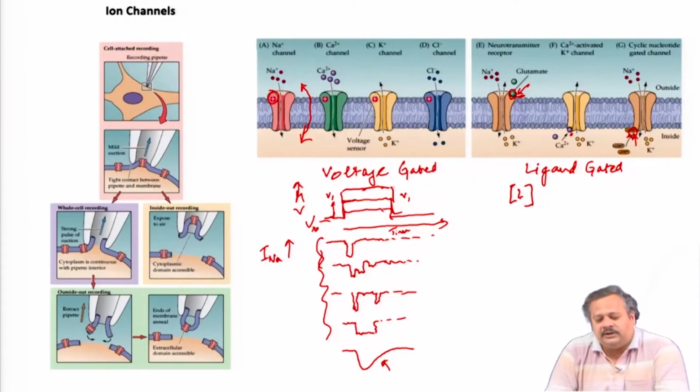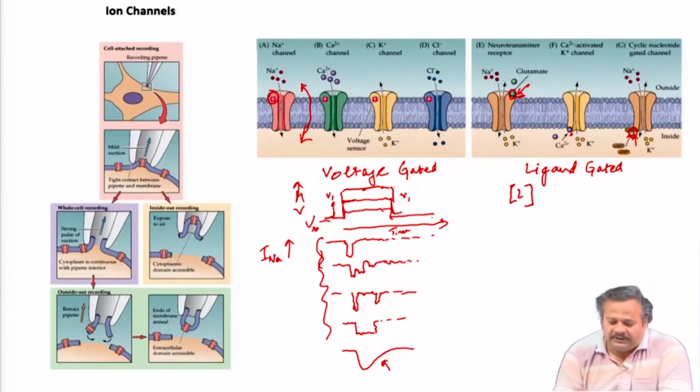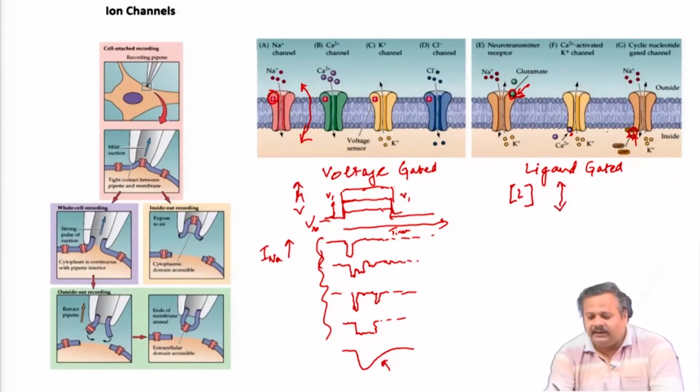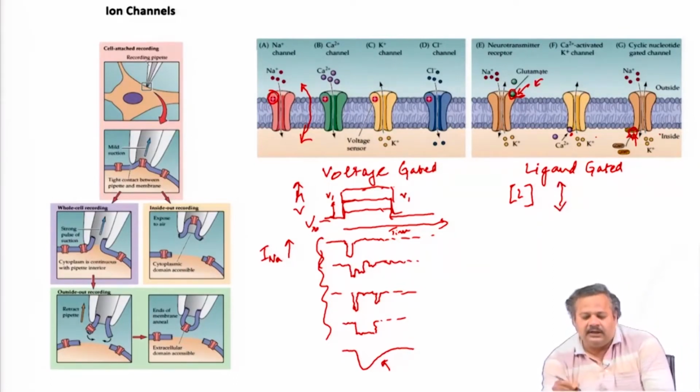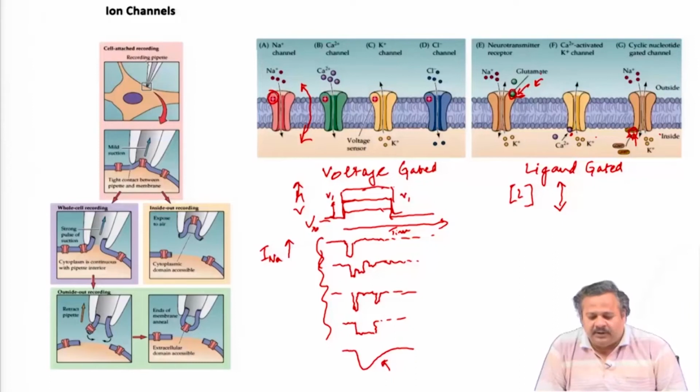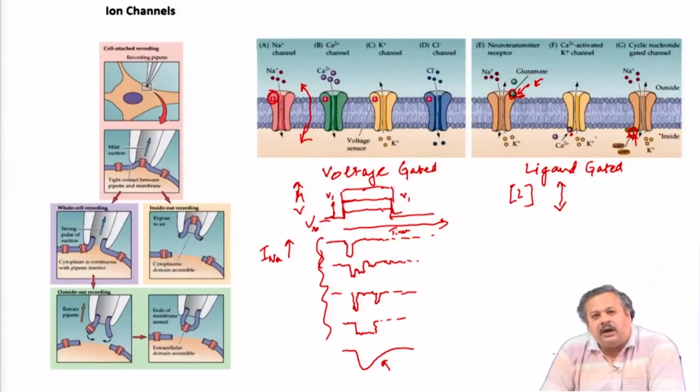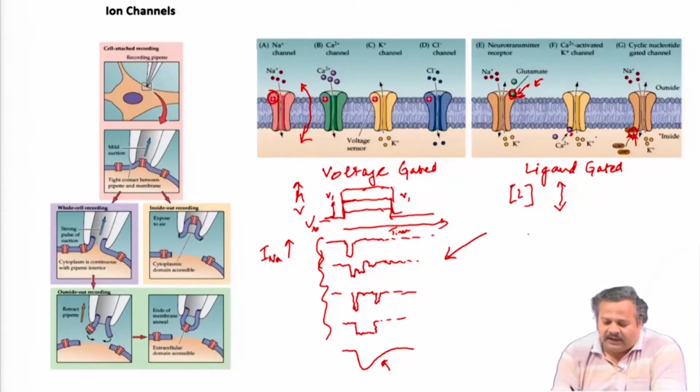So, similar to this voltage experiment, if we vary the concentration of the ligand, inside or outside the neuron, in the other case, the neurotransmitter receptor, the glutamate binding case, then again we can measure the currents very similar to this kind, and by varying this we can get the dependence of the conductance of this particular ion channel as a function of the concentration of the ligand.